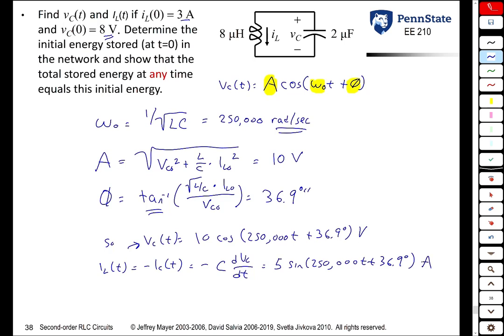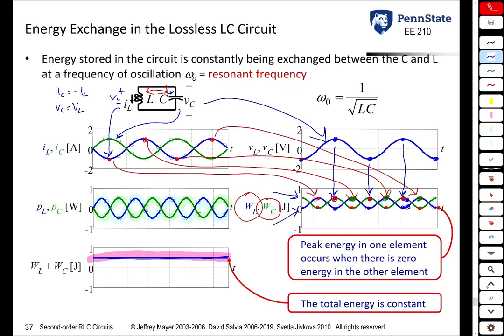Notice the voltage and current are always going to be 90 degrees apart. One's going to be a sine, one's going to be a cosine. And we saw that comparing this figure and those figures. They are 90 degrees apart.